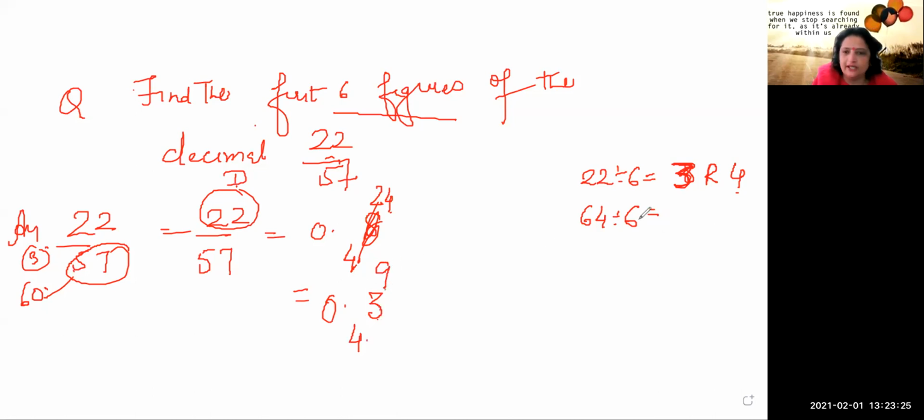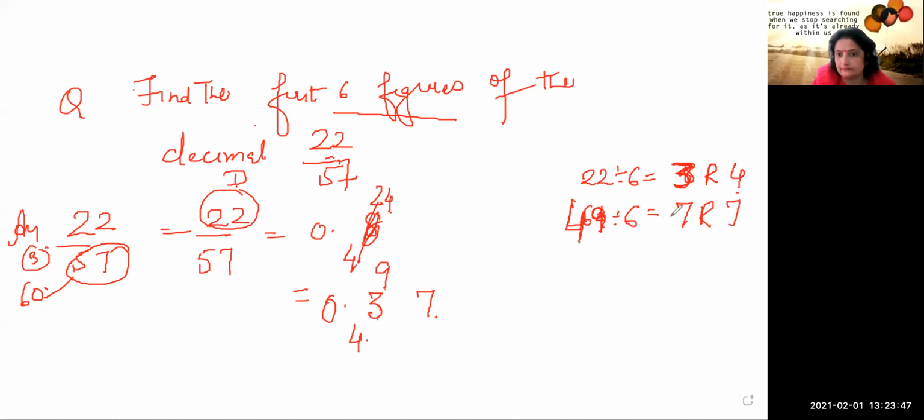Now the number is 49, right? 6 7s are 42. Remainder is 7.